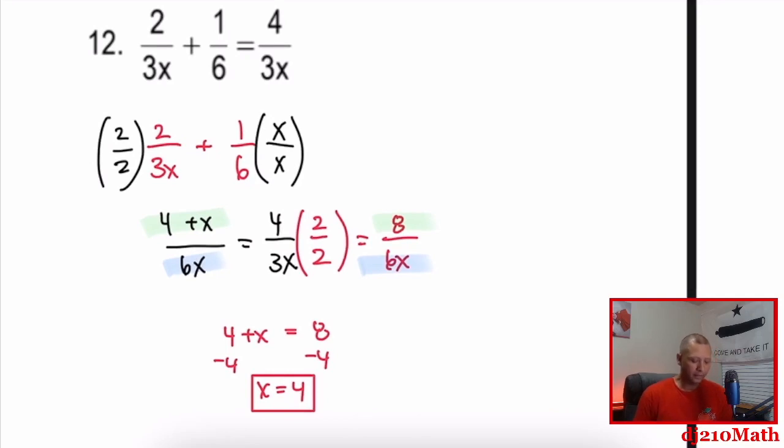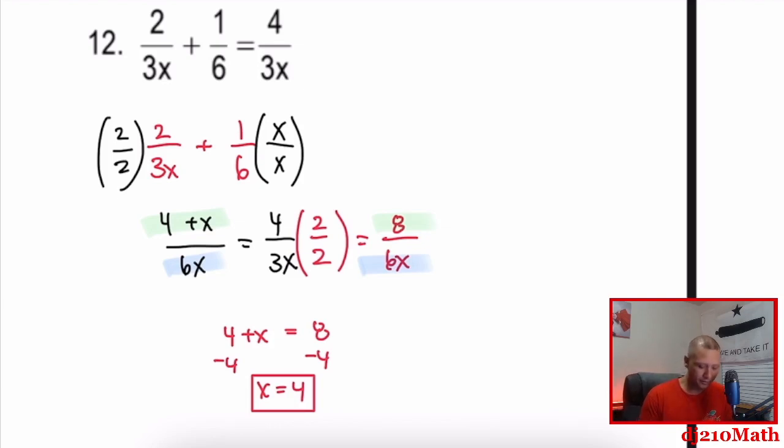So you always got to be on the lookout for if you can make the denominators match. Whenever you have an equation and the denominators equal each other, it's so nice because then you can just start saying things equal to each other, particularly the numerators.